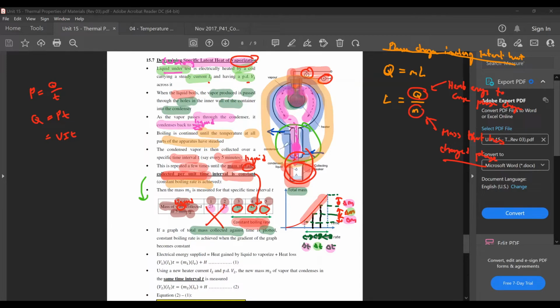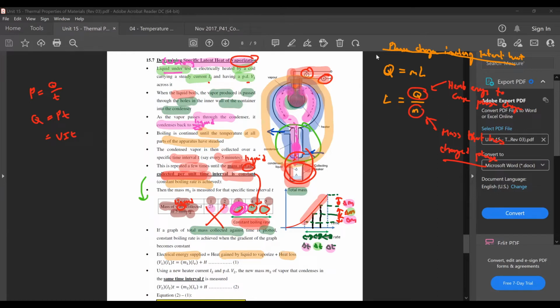Now, the mass is only considered once you reach constant boiling rate. So in your case, you would take the value as 45 grams here. From there, you will move on to your energy equation so that you can find out your specific latent heat of vaporization. According to conservation of energy, the electrical energy supplied by your heater is equal to the heat gained by the liquid to vaporize plus heat loss to your surroundings.